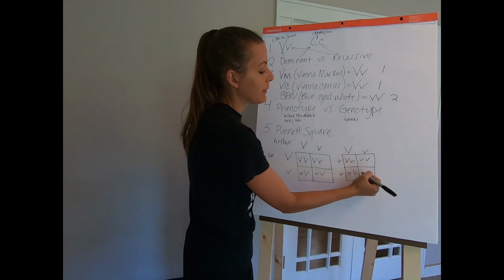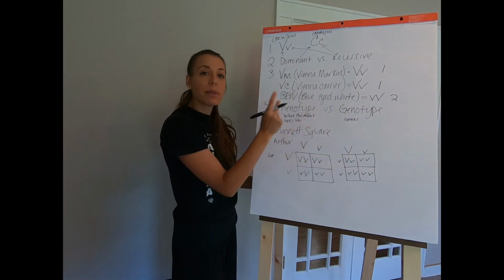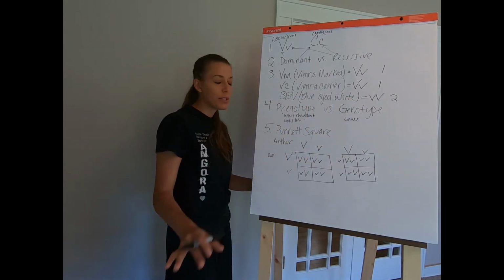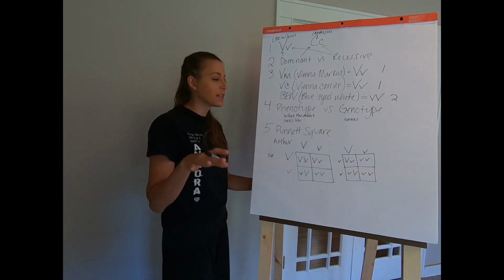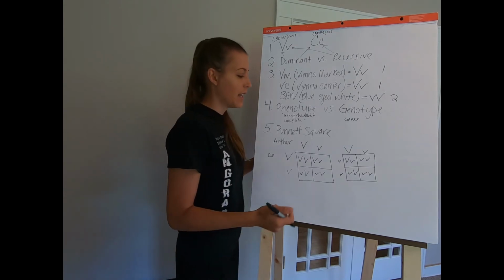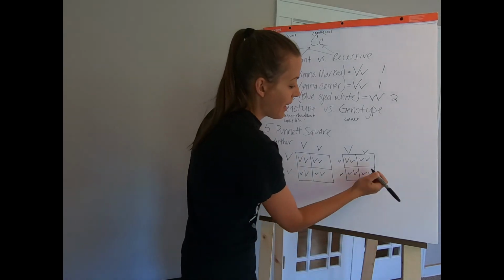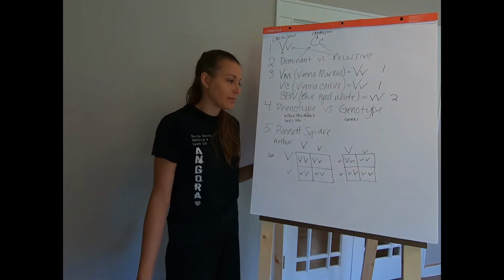And there's 2 little v's. So 2 little v's, that's the blue-eyed white, because 2 recessive genes, there's no dominant gene that's covering up that recessive gene. The little recessive genes can speak and shout and show who they are. Nobody's dominating them. We have a 50% chance of blue-eyed white in that litter.